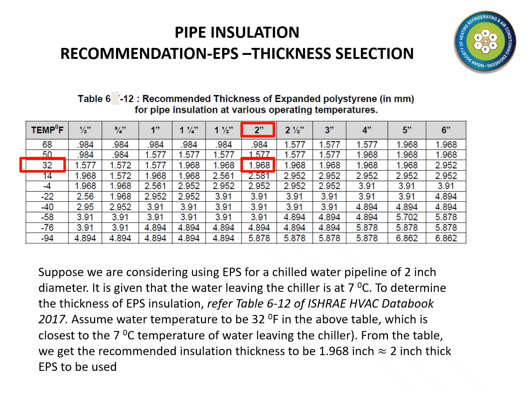We now refer to table 612 of ISHRAE data book 2017. From the table, we get the recommended insulation thickness to be 1.968 inch, rounded off to 2 inches.